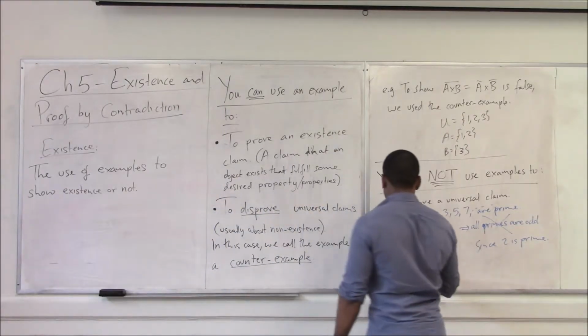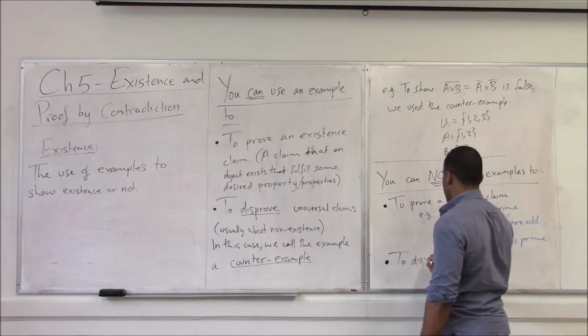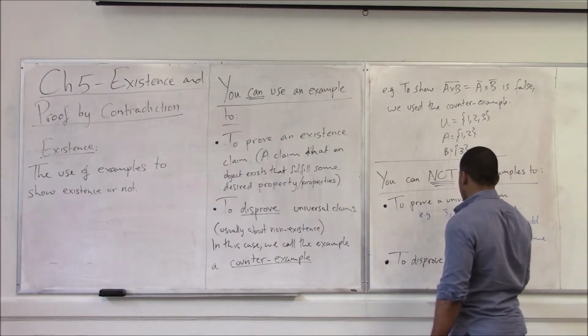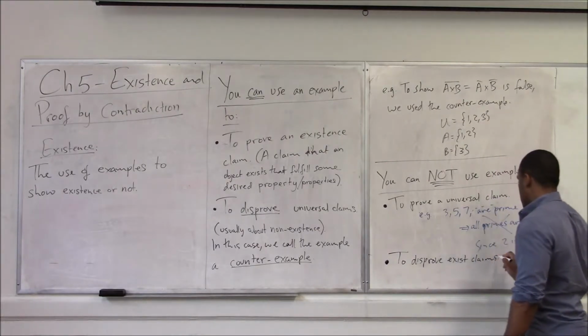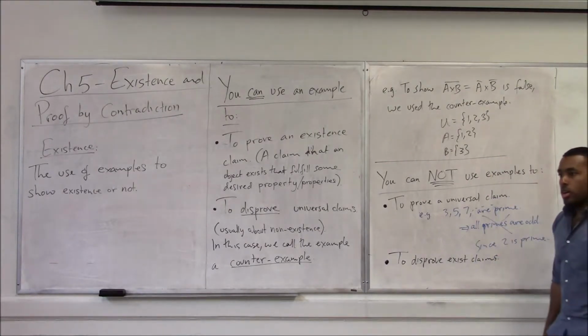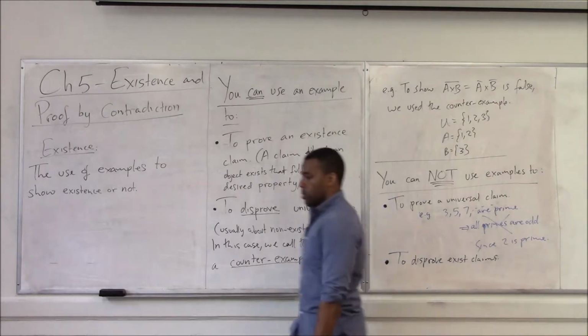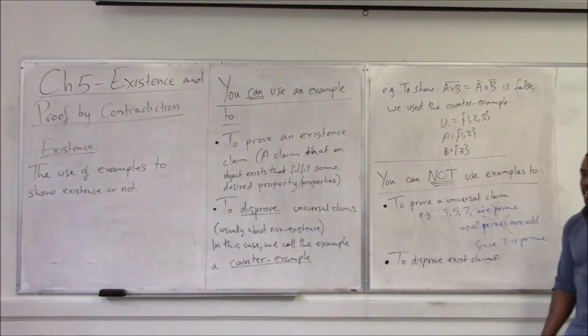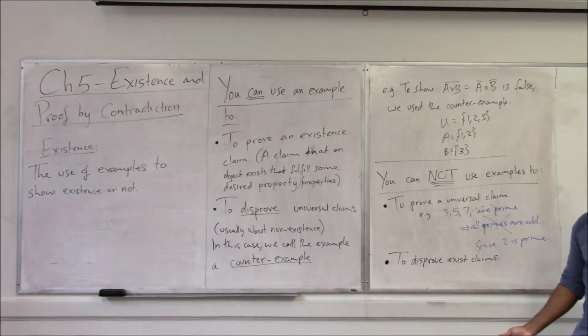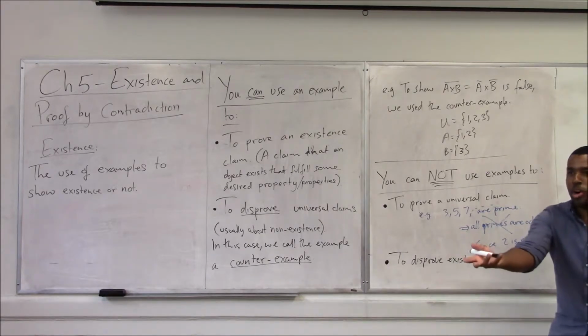You also can't disprove existence claims. So if I make a statement, leprechauns exist, you can't prove that I'm wrong by just showing me a bunch of things that aren't leprechauns. Look at this, it's small, it's not a leprechaun.